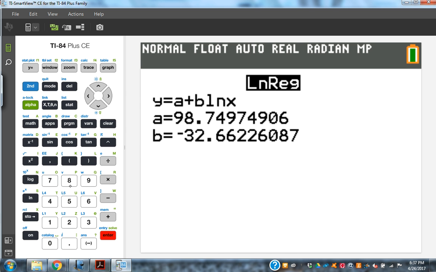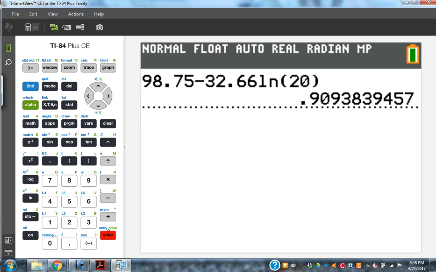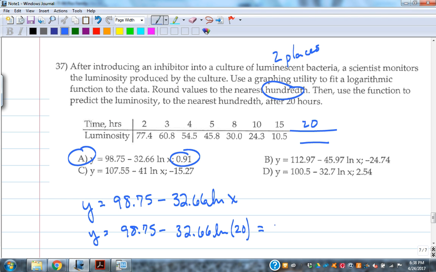So with the calculator, you do 98.75 minus 32.66 natural log of 20. And they're rounding that to 2 decimal places, that's where the 0.91 comes from. So if they don't want the equation, they just want the answer, that's how they're getting the answer.